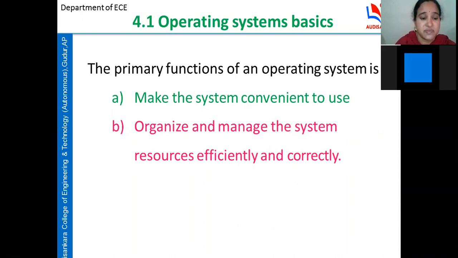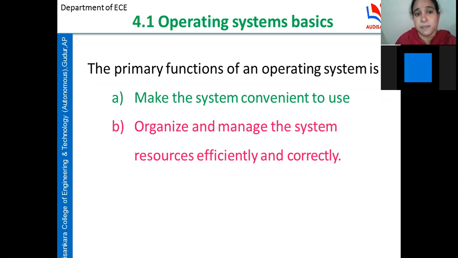An operating system is system software that manages the computer hardware and system resources, both hardware and software resources. It also provides common services for the execution of computer programs.